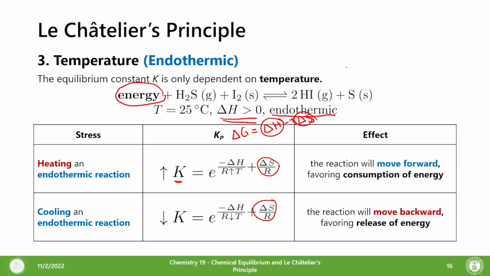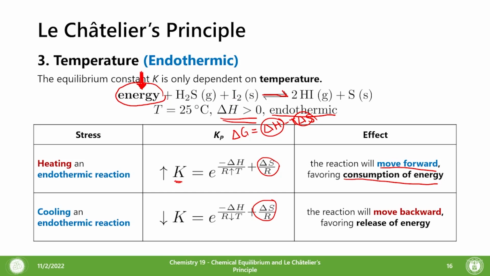Okay, so what happens if we heat an endothermic reaction? If we heat an endothermic reaction, we are actually applying stress in the form of energy on the reactant side, and so it will respond by moving forward and consuming that energy. So, by heating an endothermic reaction, it will move forward, favoring the consumption of energy.